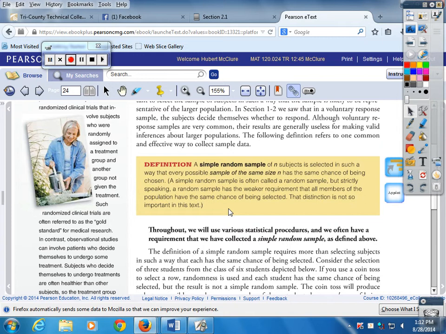A simple random sample, let me give you an example of a random sample first. Let's see, 1, 2, 3, 4, 5, up to 19. There's 27 people in here. So I break y'all up into groups of 3. 1, 2, 3, this is the first group. 1, 2, 3, second group.